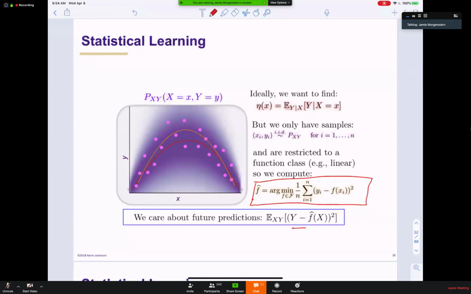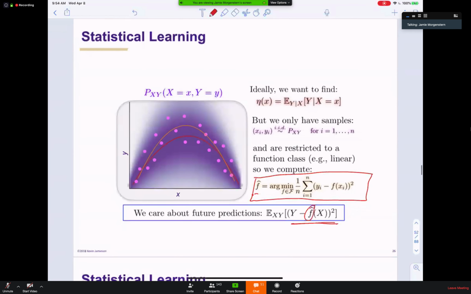But we actually care about our squared error on future points. This f hat is a function of our training data. And then we're thinking about drawing a new data point from this joint distribution, applying our function that we learned on n data points to that new random variable and looking at our error.